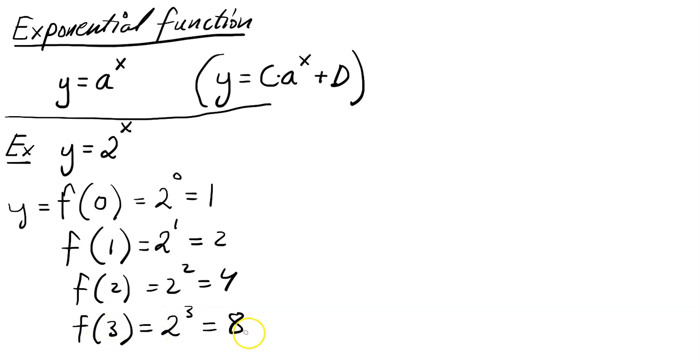For every number this increases, this doubles: 8, 16, 32, 64, and so on. So this grows very rapidly. We could also try negative numbers. If you go to the negative side of the x-axis, then we have 2 to the power minus 1. That's a half.